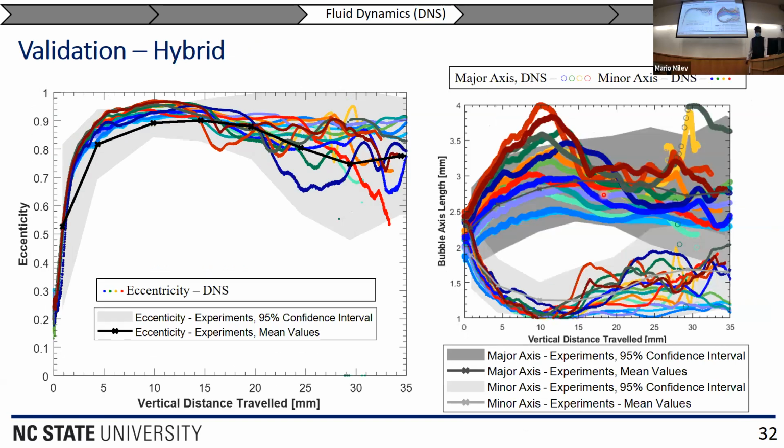I think the best way to visualize this is on this slide, where we plot the paths of the individual bubbles over space and compare it with the 95% confidence interval for the experiments.